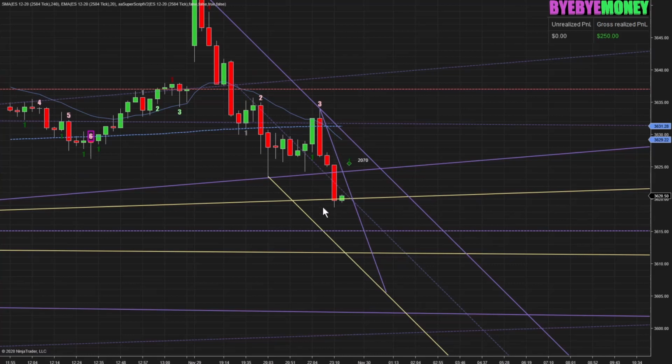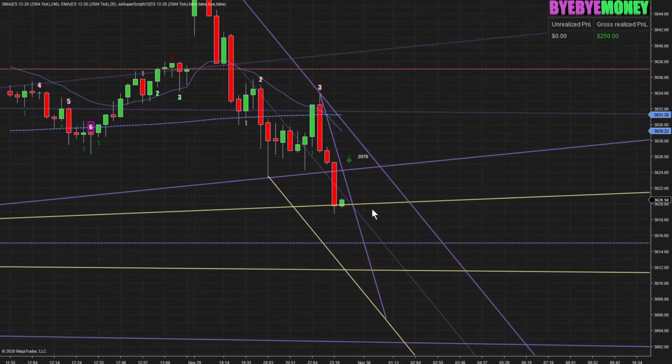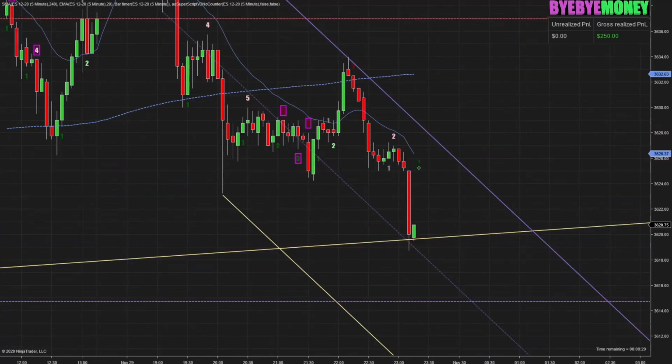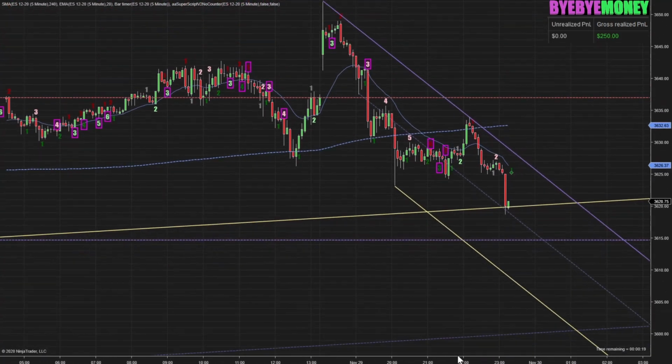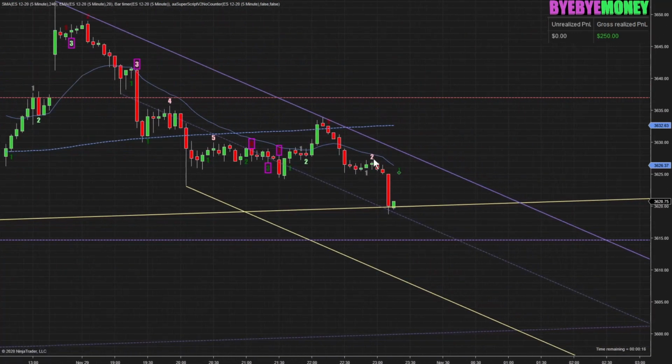This bar is too bearish to take this reversal, in my opinion, even on a good signal bar. It is actually on this previous support, but the bar is too bearish to go long here.